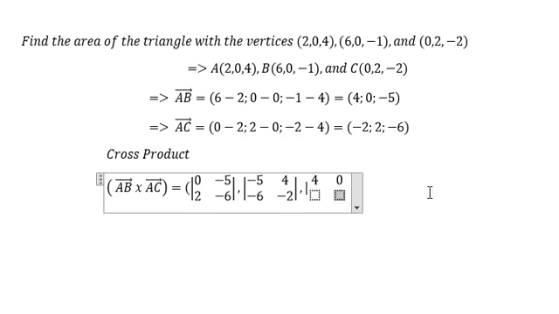We calculate this matrix in here. 0 multiplied with -6, and we have -2 multiplied with -5. This one becomes 0, so -2 multiplied with -5, you get 10. -5 multiplied with -2, you get 10.